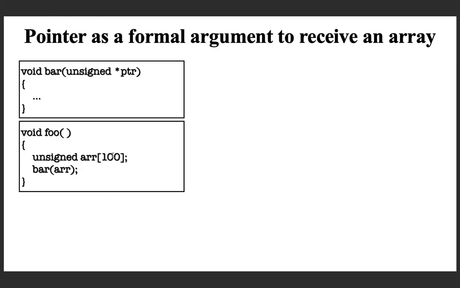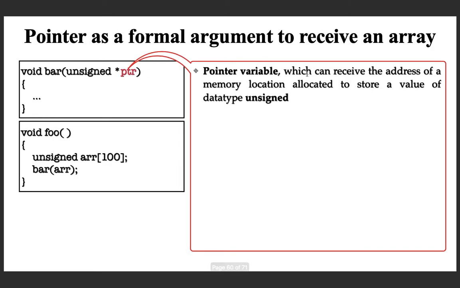Here ARR is an array of 100 unsigned integers, and you are passing the address of the first element in the array, ARR, which is the name of the array, a pointer constant, and you are catching it in a pointer. And what is this pointer? It's a pointer variable which can receive the address of a memory location allocated to store the value of data type unsigned. So, by declaration, it can catch the address of any unsigned integer.